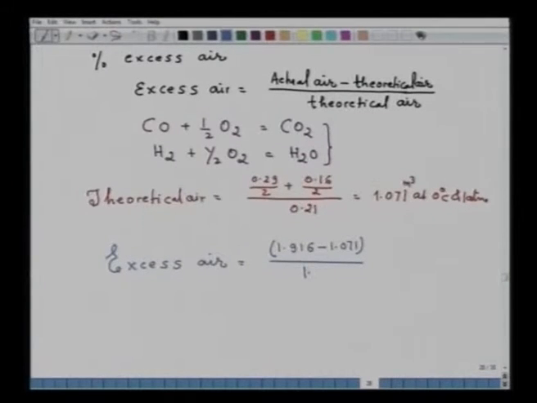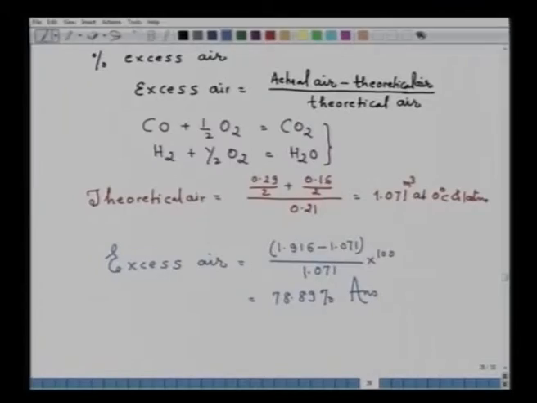You have to divide by 1.071, that is the theoretical air, and multiply by 100, because excess air is always referred with reference to the theoretical amount of air. So, in this particular case, the excess air comes out to be 78.89%, and that is the answer for the excess air in percent.